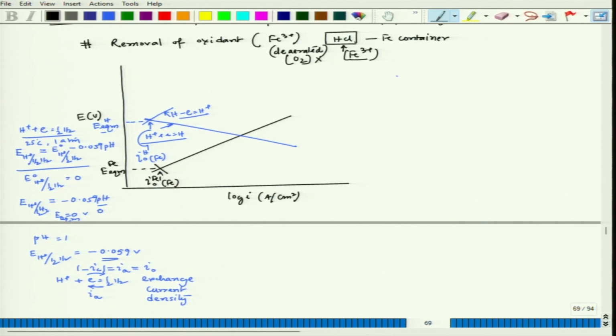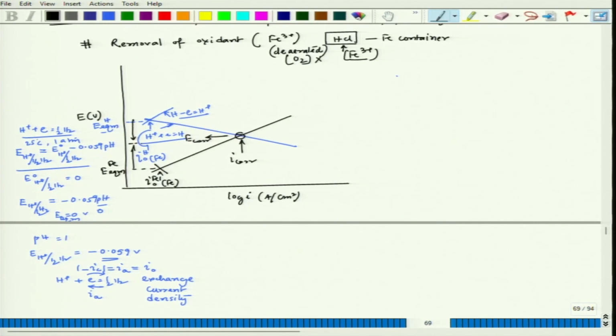And as per mixed potential theory, when we do not have Fe3 plus, then the potential will be taken from this E corr; this will be taken to this value, and they will meet at this point, and the corresponding point is i corr. Okay. I could see that the corrosion rate of iron follows that particular rate, which is i corr.